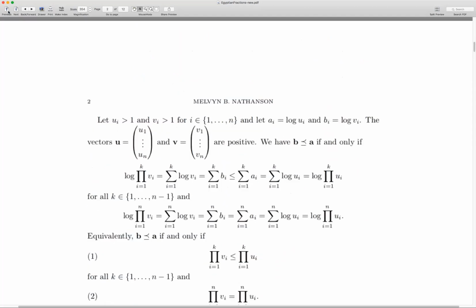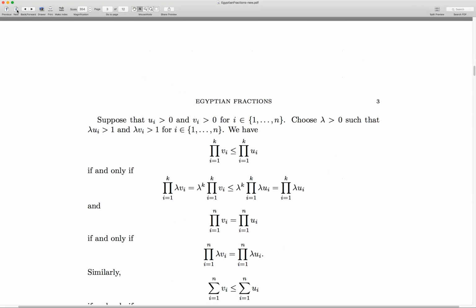What I just stated was in the case when the U's and V's are strictly greater than 1. Suppose you have positive numbers U and V, but they're not necessarily greater than 1. All you know is they're greater than 0. So you can choose a lambda that's positive and large enough that lambda u_i and lambda v_i are all bigger than 1.